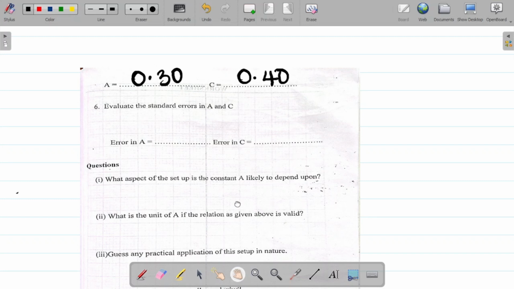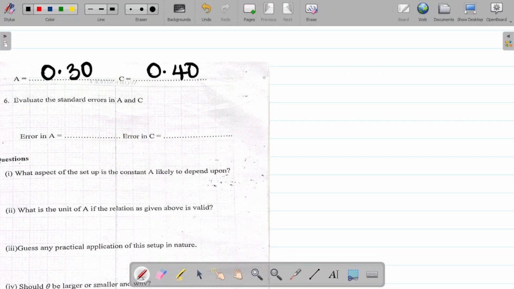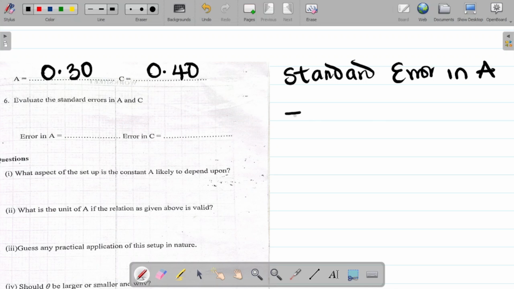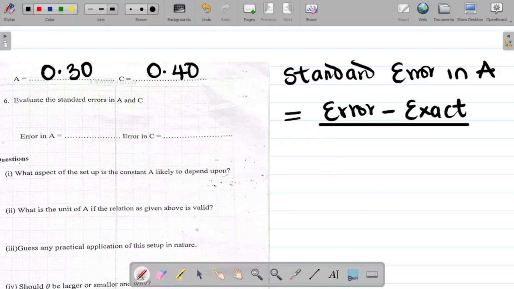Alright, so the next one says evaluate the standard errors in A. So we know that the standard error in A will be equal to error minus exact, all over exact.